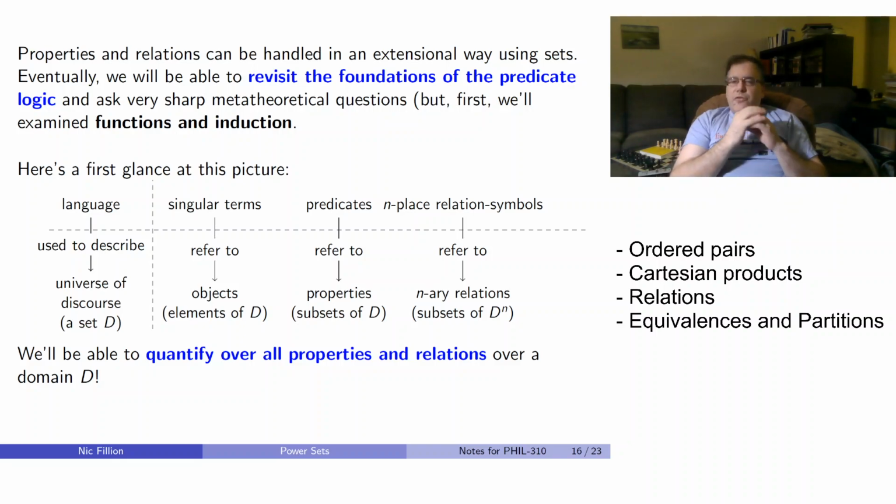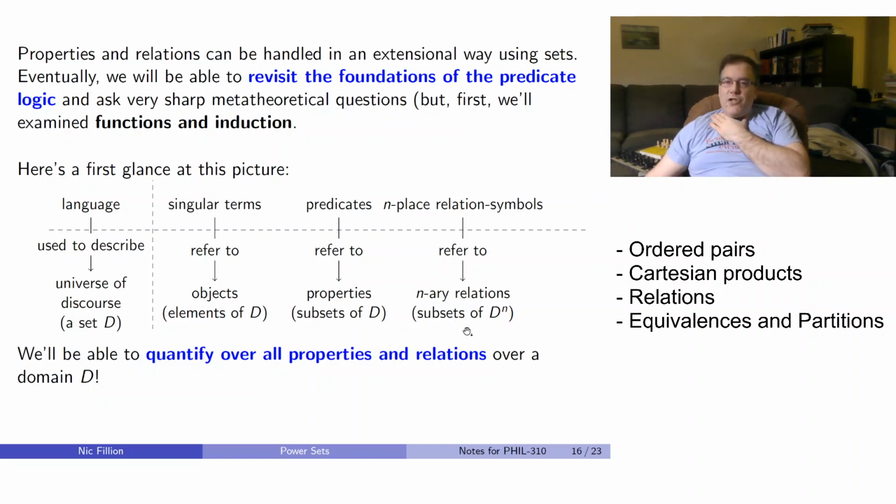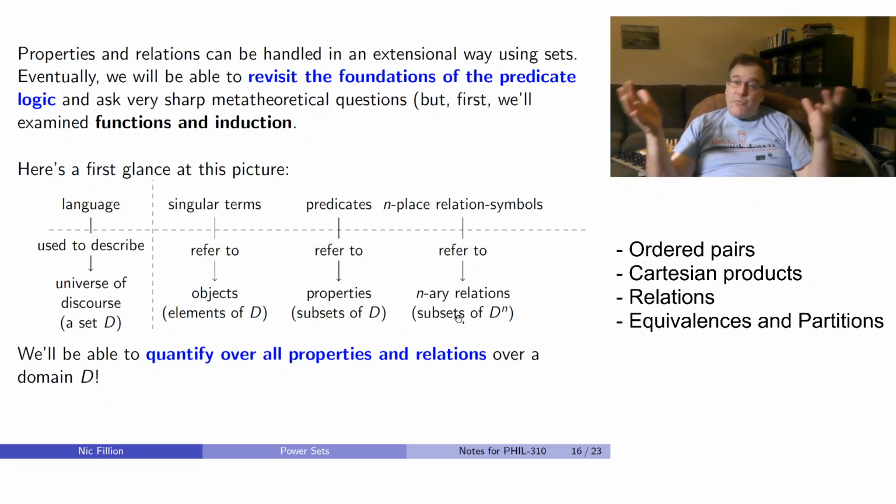Well, they're going to be sets of n-tuples. So n-tuples, as we'll see later, are a generalization of the idea of an ordered pair, except that we don't just order two things, we order n things. Right? So binary relations will correspond to sets of ordered pairs, which are subsets of the domain cross the domain. So a subset of the Cartesian product of the domain with itself.